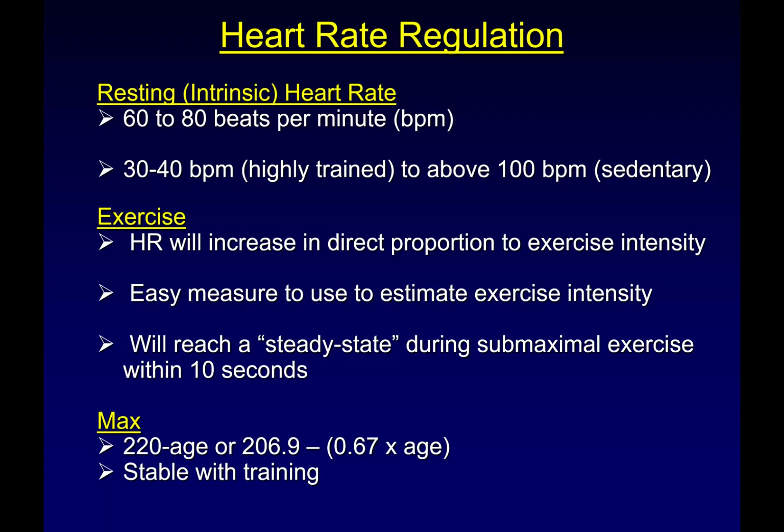How can it get as low as the high 20s if you're highly trained? Your stroke volume goes way, way up. As you get cardiac hypertrophy and blood volume expansion, if you have the same body size, muscle mass, and resting metabolic demands, then when stroke volume goes up, heart rate can go down to keep cardiac output equal.